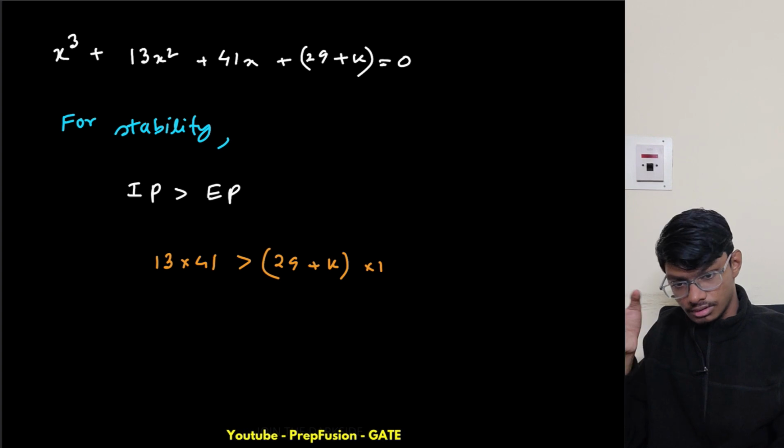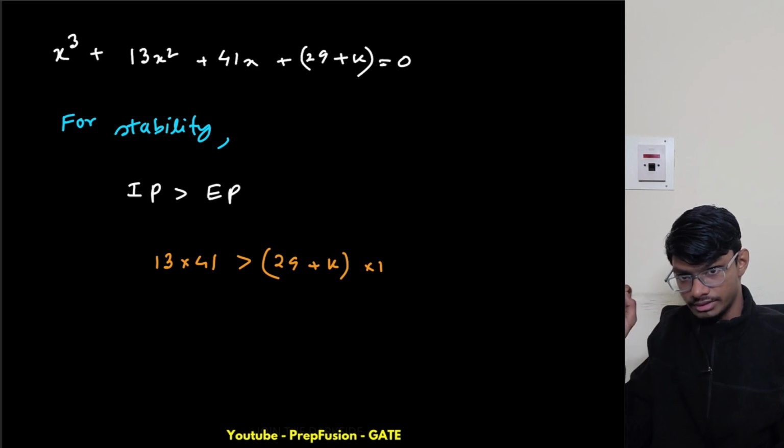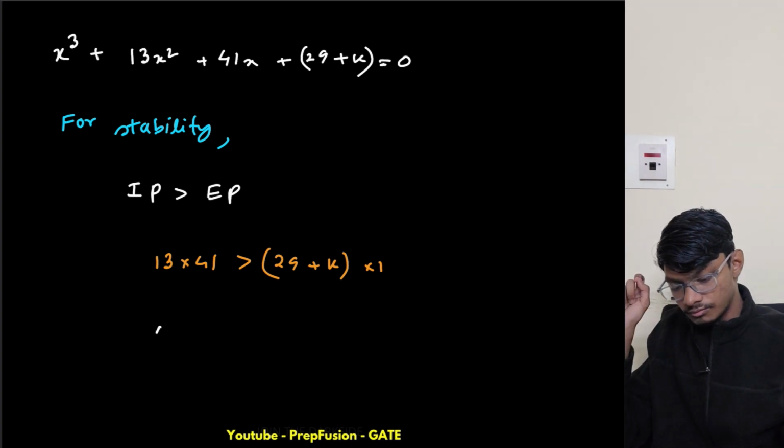Now if you compute this one, what do you get? What is 41 times 10? It is 410. Then I multiply again 3, so it is 123, right? So 410 plus 123 is 533. Then I will subtract 29, which should be greater than my k.